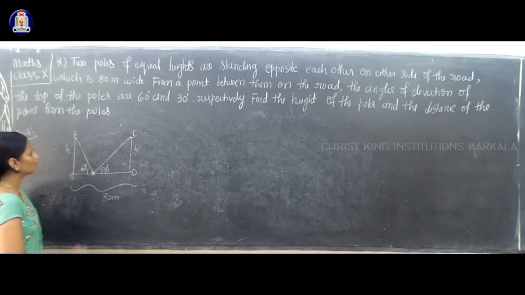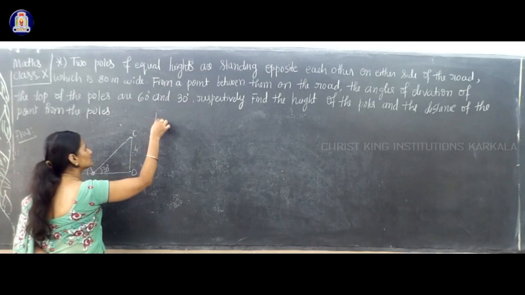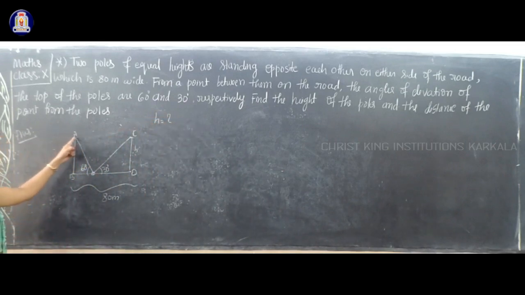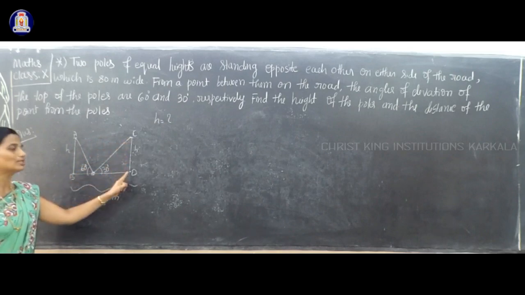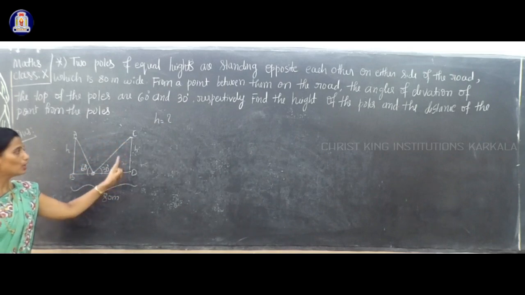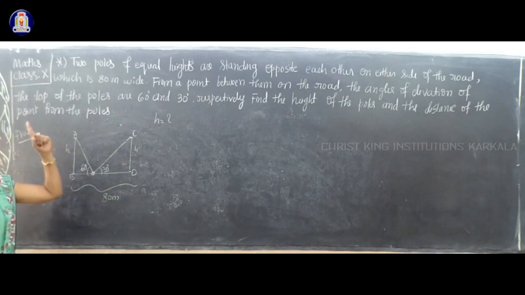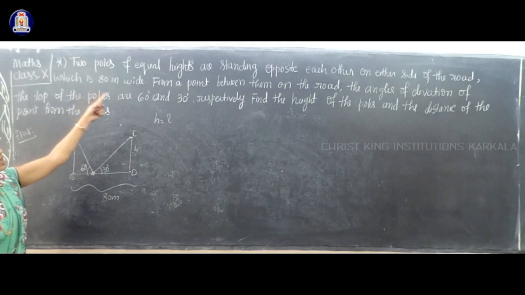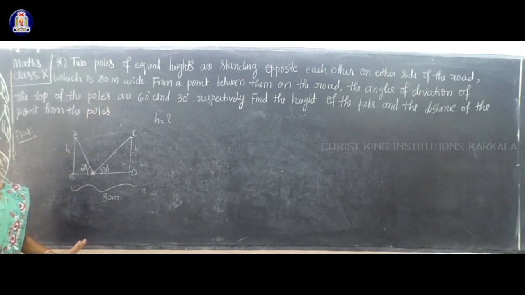Find the height of the pole, means find H is equal to question mark. H is the height of the first pole and also of the second pole. Whatever H we get after simplification is the same for both poles, because the two poles are of equal height.